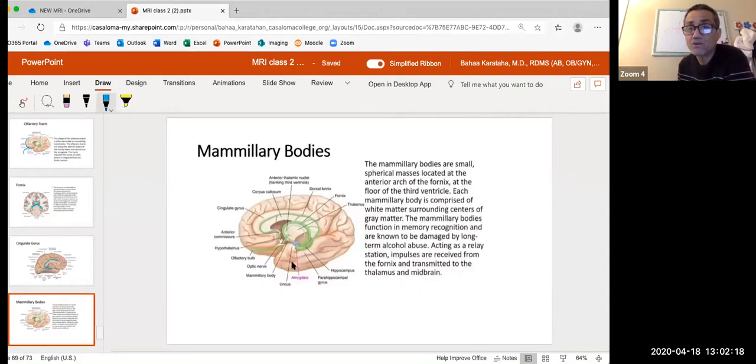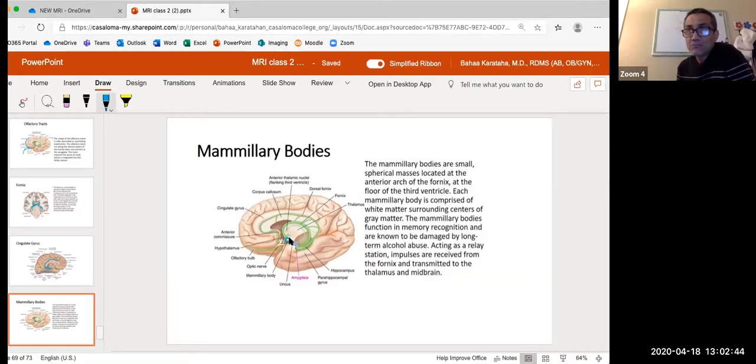Mammillary bodies also are located on the anterior part of the fornix, which is, we are talking about this part. And of course, you have them on the right and on the left, and they can be identified at the floor of the third ventricle. Those are mainly composed of white matter fibers, and they are used for some function with recognition.